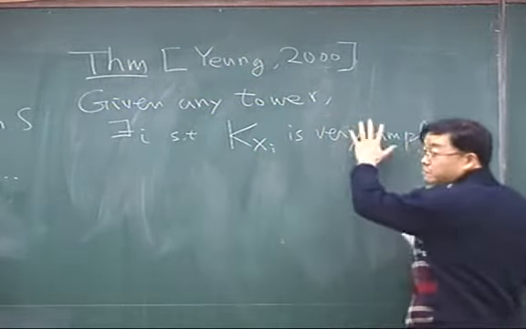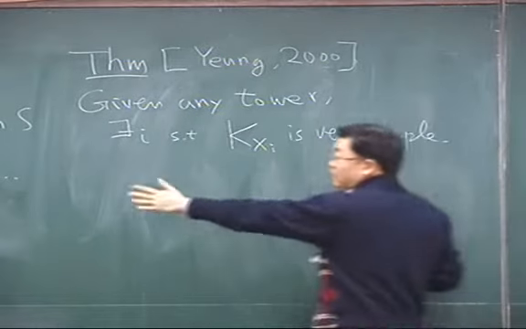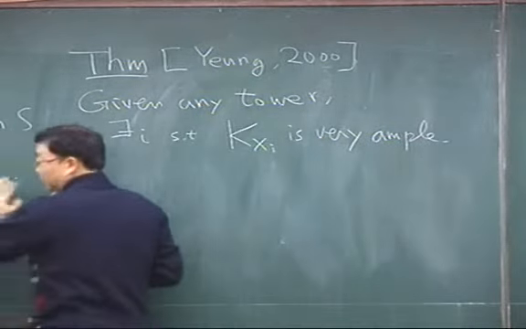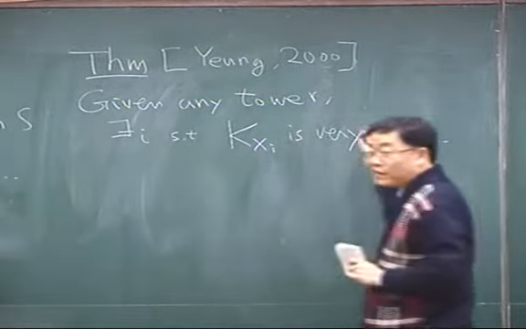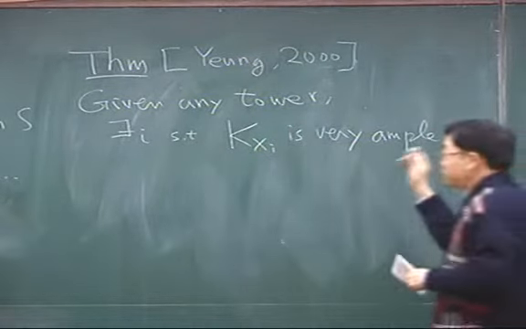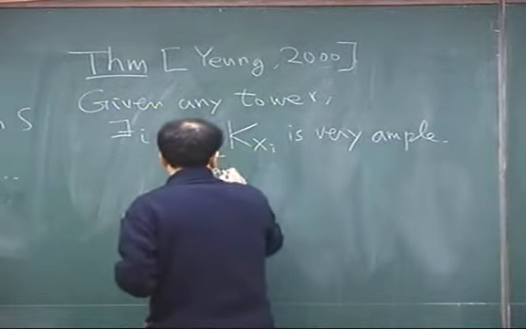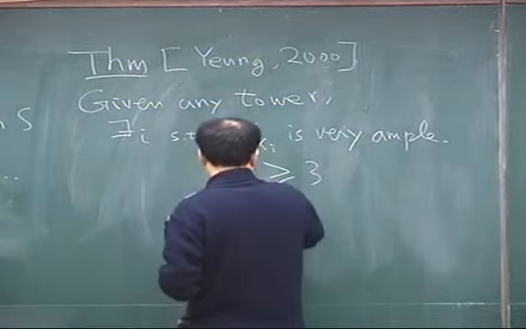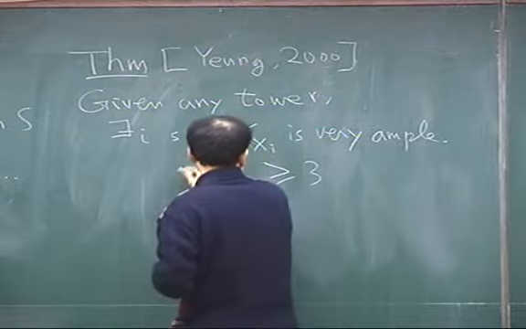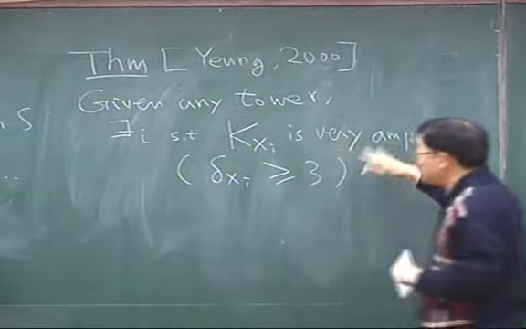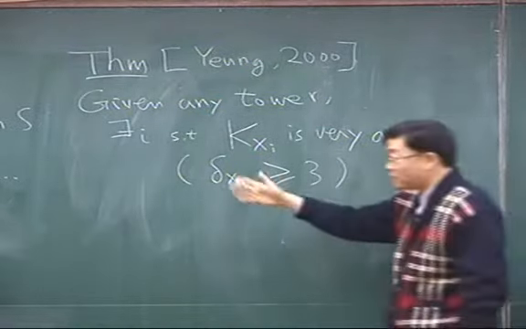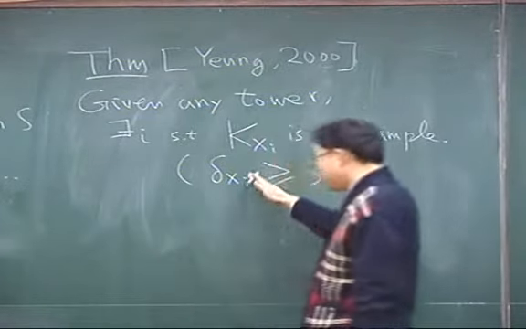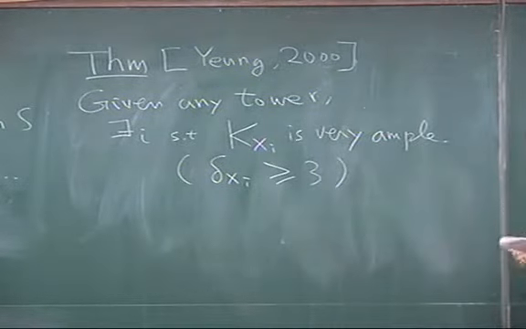But in particular it implies this: when you are given a tower, if you go high enough, then the canonical bundle becomes very ample. Of course this means that the gonality of X_i is bigger than 3. So it's not hyperelliptic. What he showed is that for an arbitrary tower, if you go high enough, the gonality is at least 3. That's what he proved.